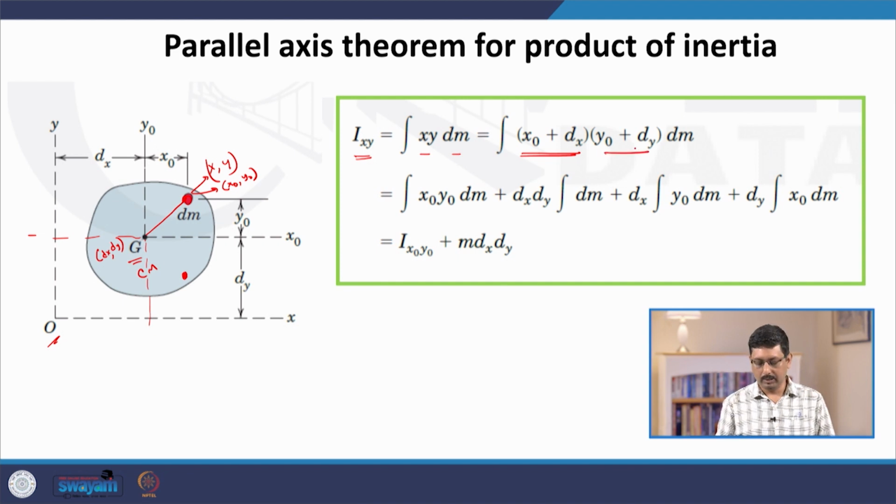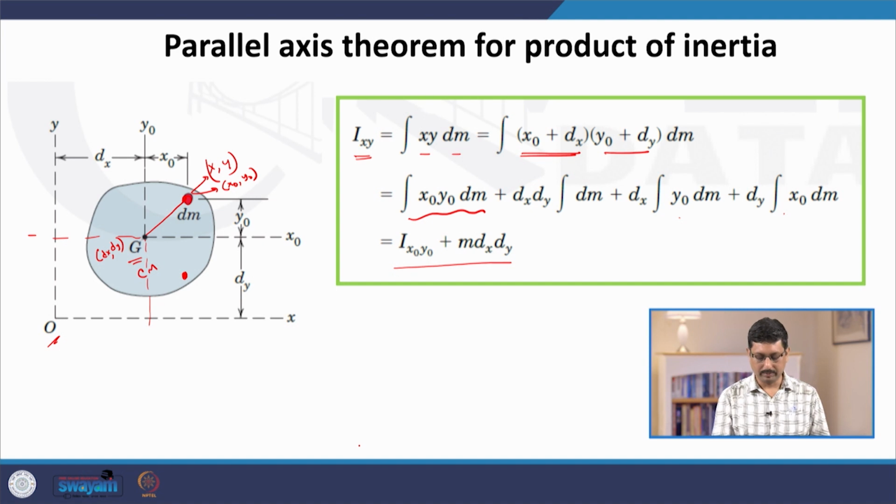Now, if you expand this, you get four terms, and it is easy to show that two terms will be zero. Then you end up with the first term, which is by definition the product of inertia with respect to the reference frame at the center of mass.